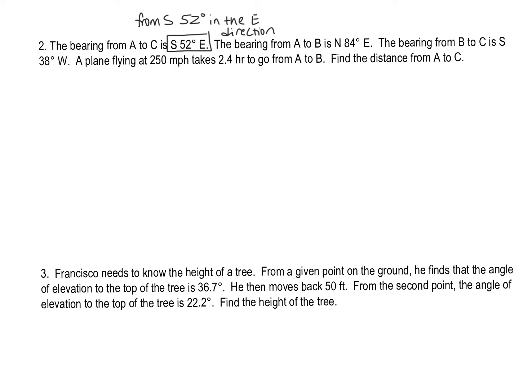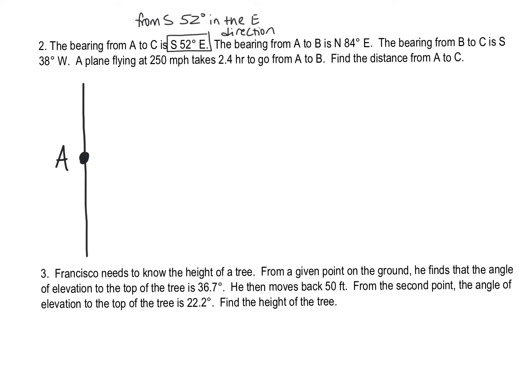So I'm going to start with that. I'm going to draw a big line here. I'm going to put A somewhere on it. And I'm putting A in the middle as opposed to the top or the bottom because I'm probably going to be using north and south direction. So from the south direction, which is here, move towards the east direction 52 degrees. And that is where C is going to be located.